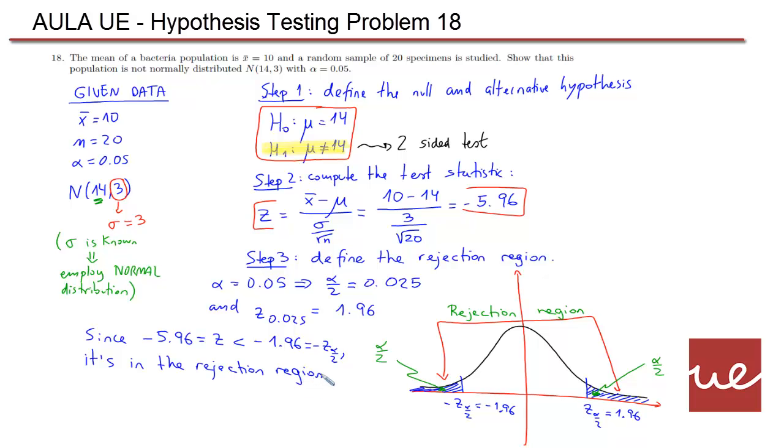If we reject the null hypothesis, we just state that our population is not normally distributed with a mean equal to 14, as of course required to show in the exercise. And with this, we just follow the conclusion.